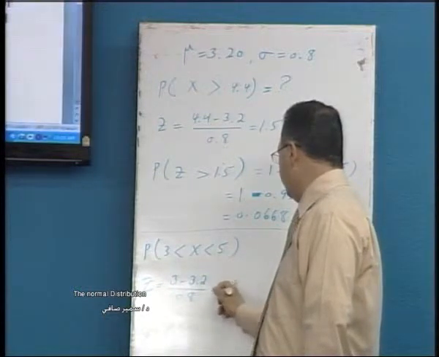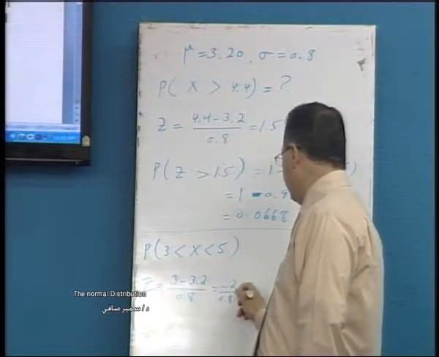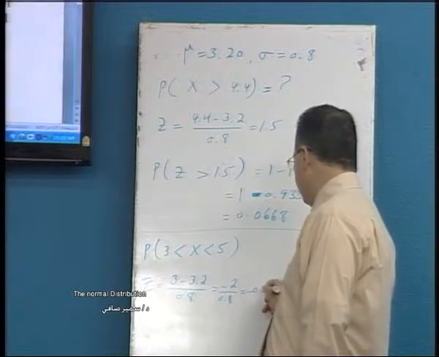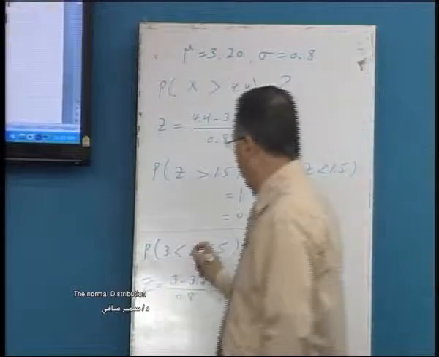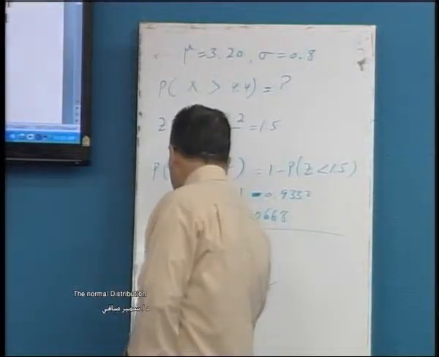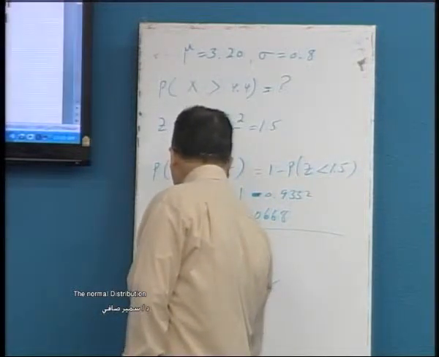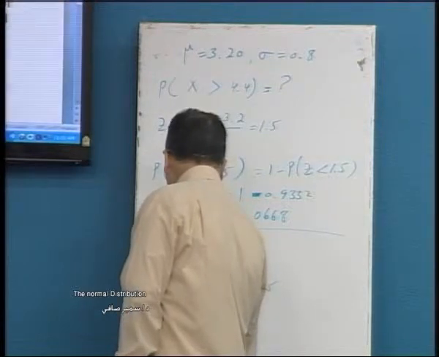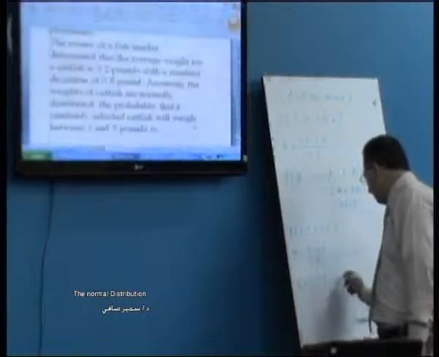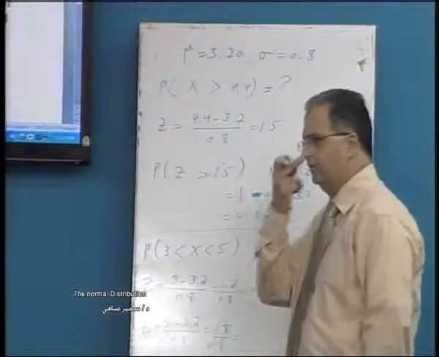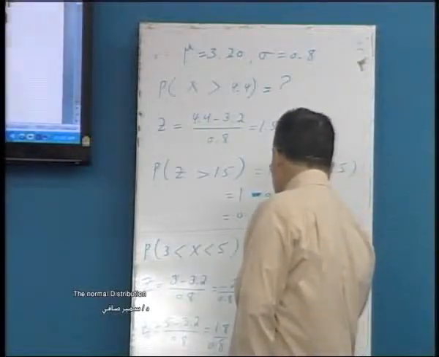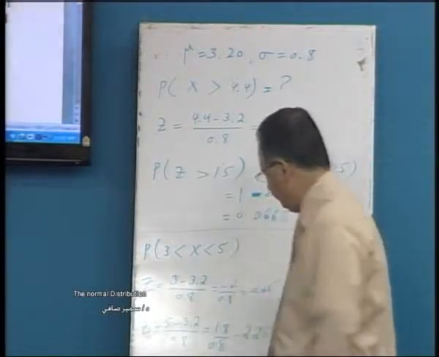Negative 0.2 divided by 0.8 is minus 0.25. The other one, 5 minus 3.2 divided by 0.8, which is 1.8 divided by 0.8, equals 2.25.